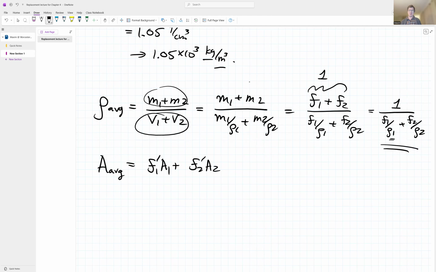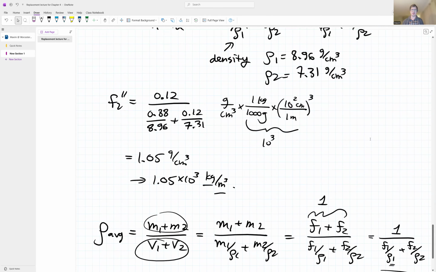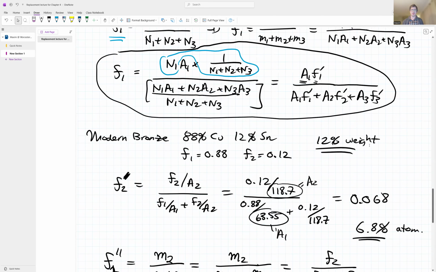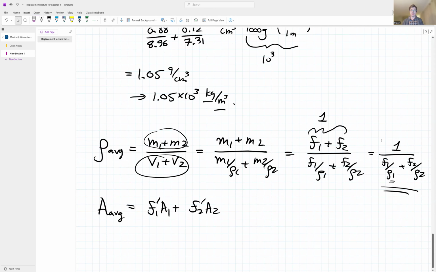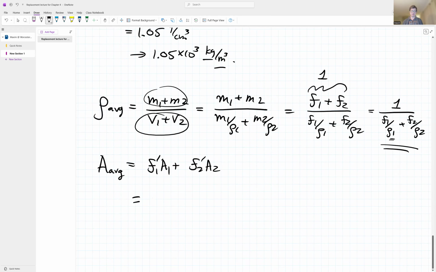Now, if you don't know these atomic fractions, you can, of course, get them from the conversion formula we had before, which was these guys. You can take the fractions by weight and divide by the atomic masses. So if we were to do that, we could just do F1 over A1 times A1 divided by F1 over A1 plus F2 over A2.